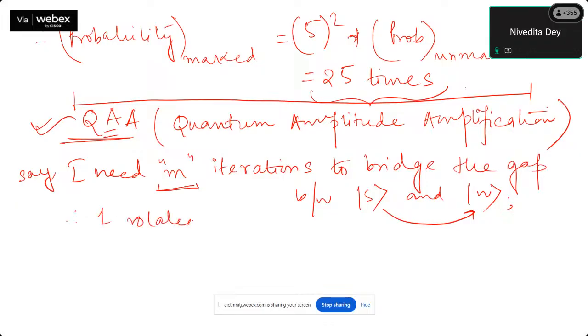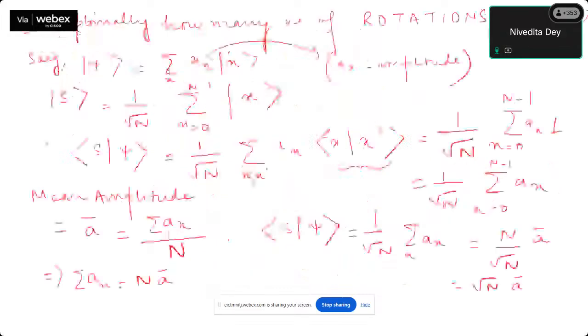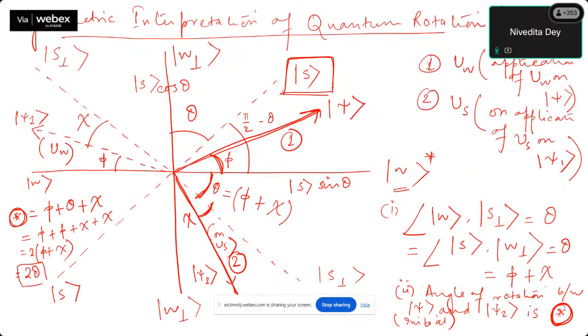So one rotation makes an angle of 2 theta. So m iterations should make an angle of m into 2 theta. This m into 2 theta should match the gap between S and W, which is pi by 2 minus theta.